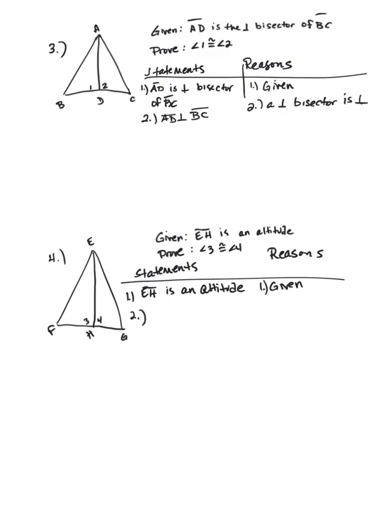Okay, this is what I'm trying to show you. Okay, obviously I have different letters here. I have EH is perpendicular to FG. And my reason would be that an altitude is perpendicular to the line containing the opposite side.